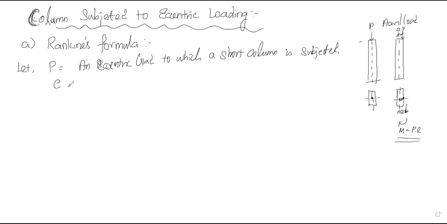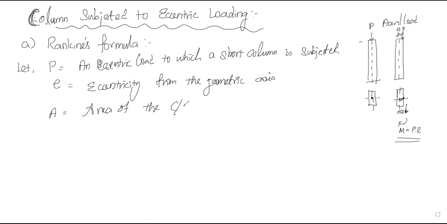E is equal to eccentricity of load from the geometric axis. Next, A is the area of the cross section of the member.